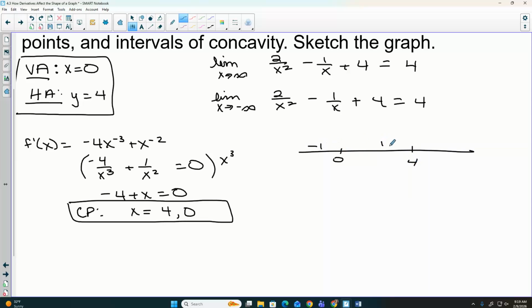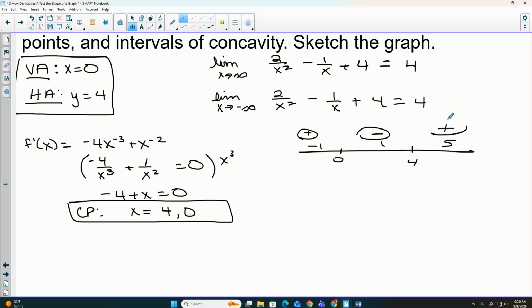Okay, so sign line. If I put a negative 1 into my derivative, I would get a positive 4 plus 1, so that's positive. If I put in a 1, I get a negative 4 plus 1, so negative. If I put in a 5, I get negative 4 over 125 plus 1 over 25, which is positive.